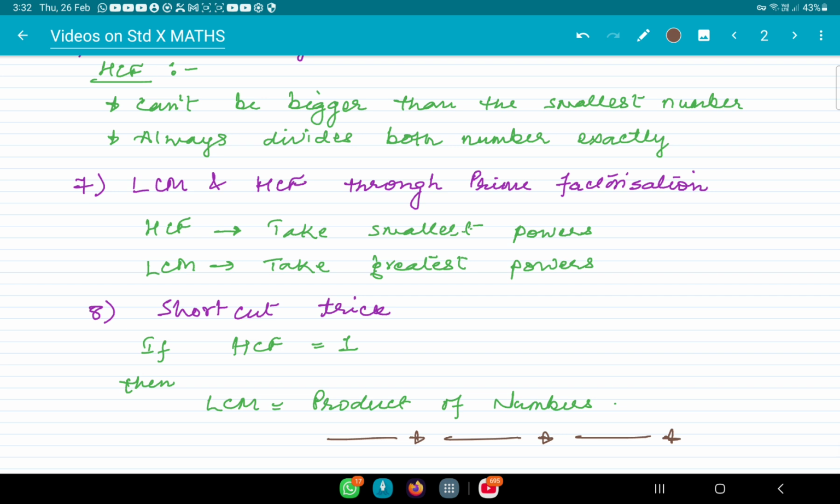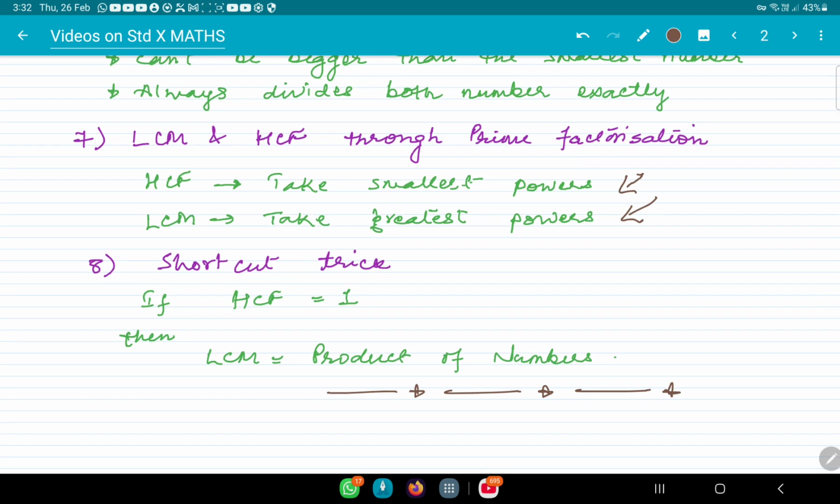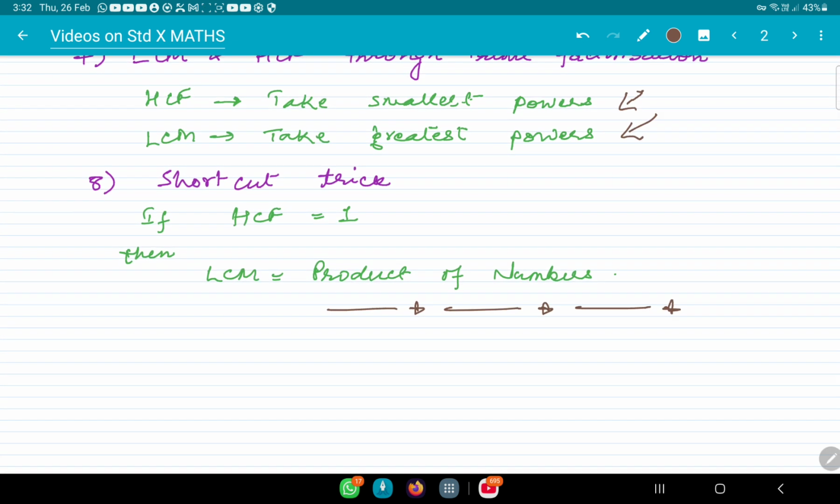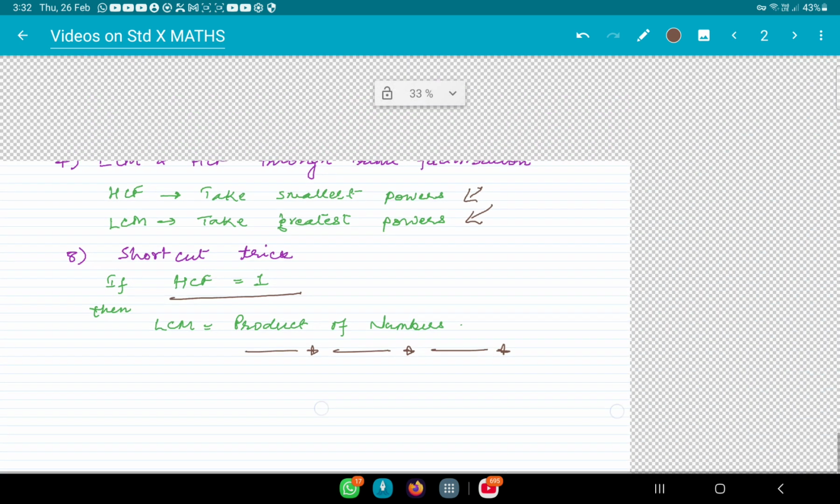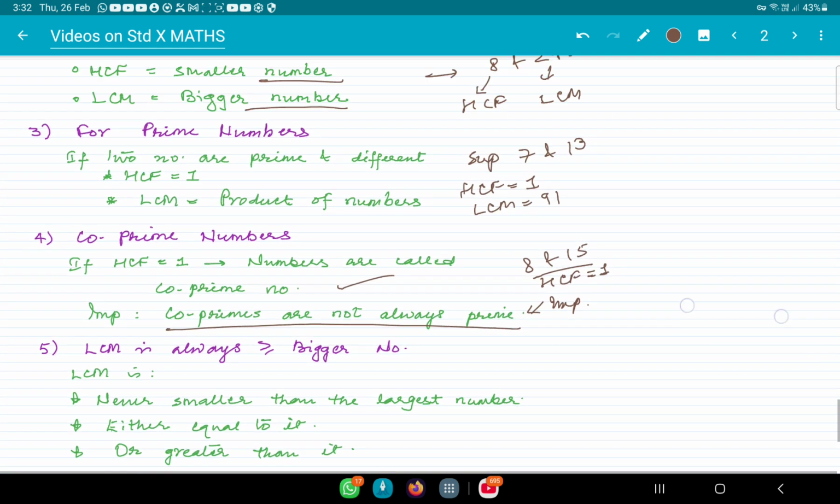Next is LCM and HCF through prime factorization. We have already seen that through prime factorization we can easily find them. For HCF take the smallest power, whereas for LCM take the greatest power. And what is the shortcut trick? If they say that HCF is 1, then LCM will be the product of the numbers.